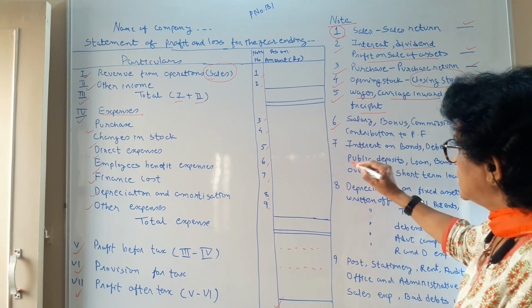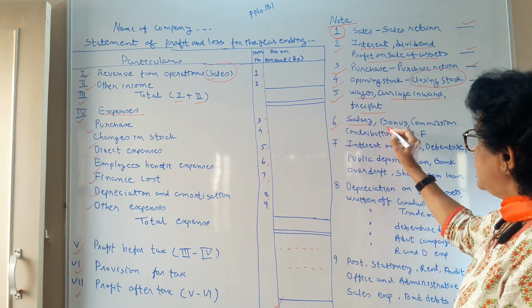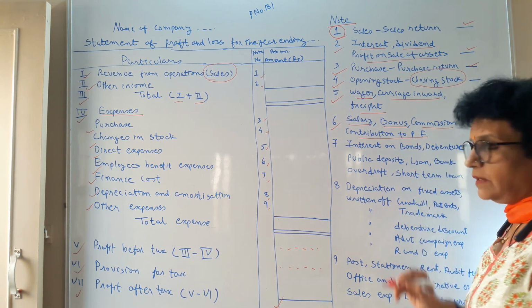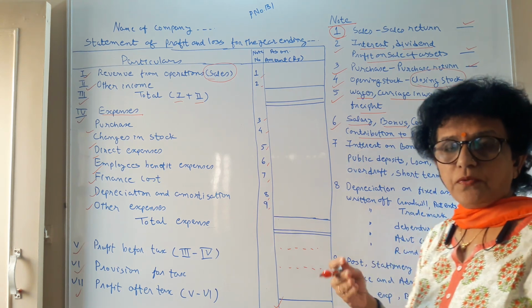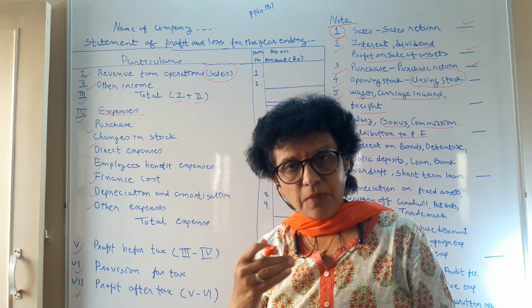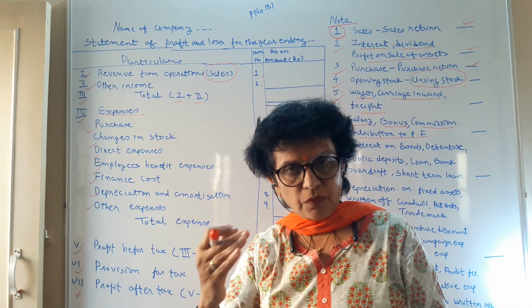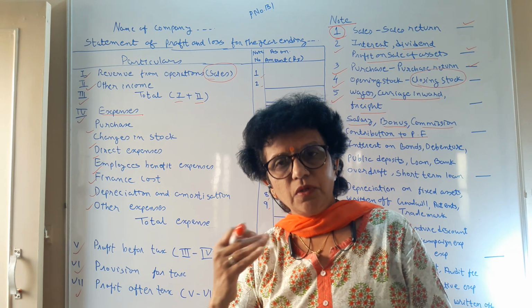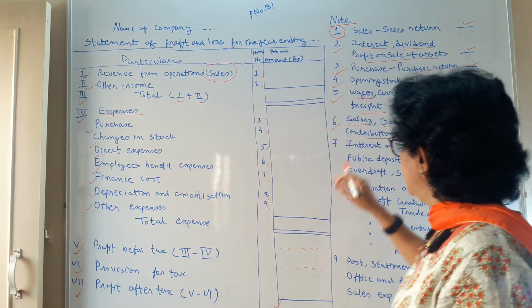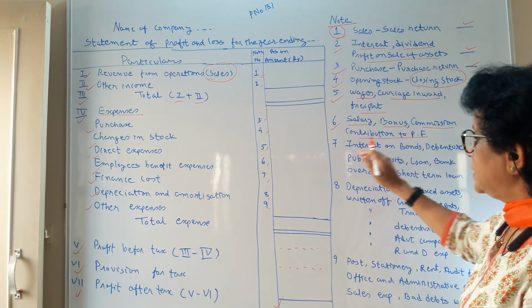In note number 6, you give salary to employees, bonus or commission, or a contribution to provident fund. Contribution to provident fund is to be considered as an income tax benefit expenditure. When you contribute, your profit will reduce, your tax liability will reduce. So contribution to provident fund.